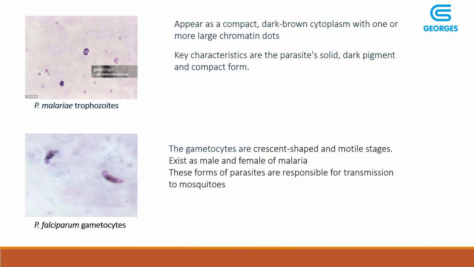So here we have P. malariae. The P. malariae are always compact, dark brown with one or more large chromatin dots.